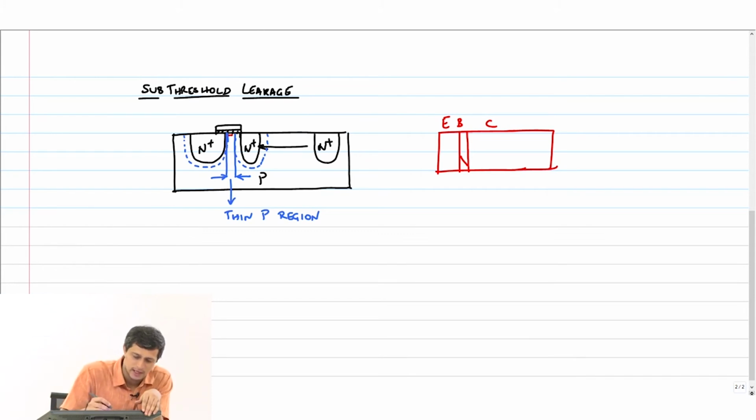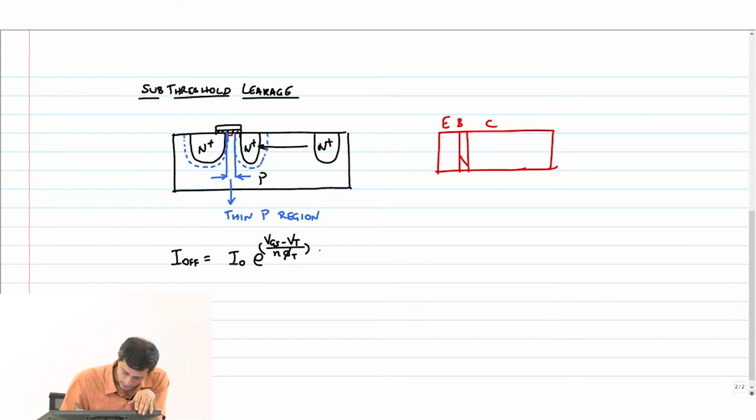And not surprisingly, because this is like a bipolar junction transistor now, the current I off is, by the way, what was I off in our earlier model? 0, right? Now we are saying that that's not true. It is some current I naught e power (VGS minus VT) by n phi T into (1 minus e power minus VDS by phi T), into (1 plus lambda VDS), okay.